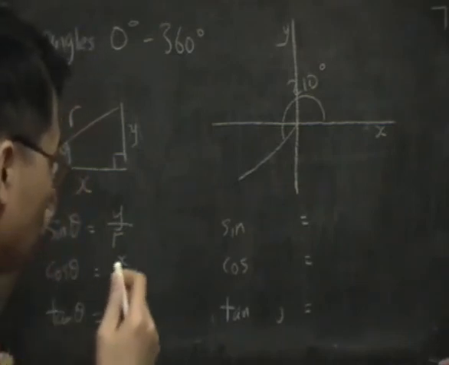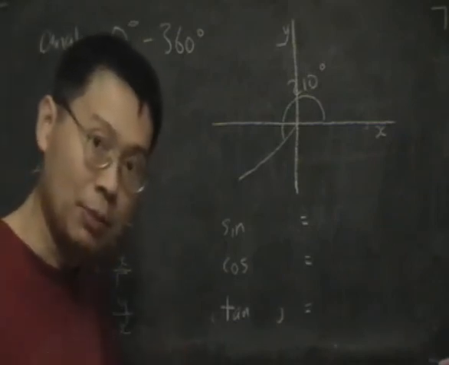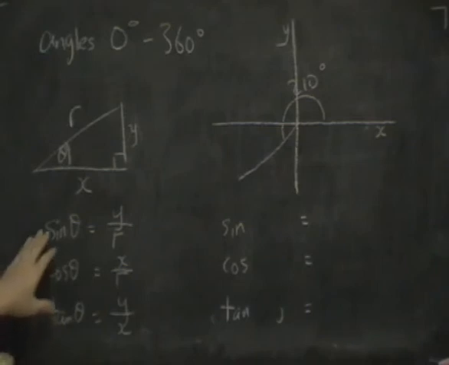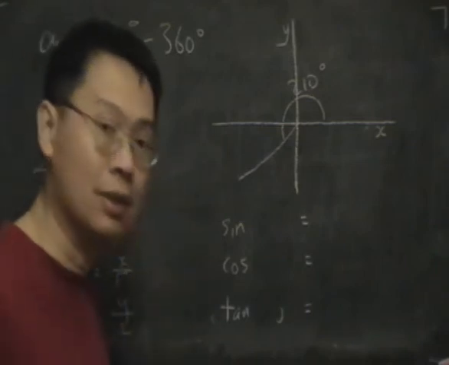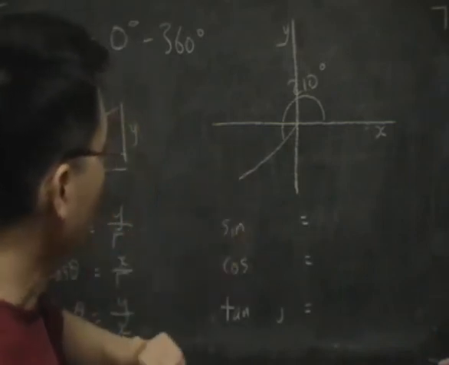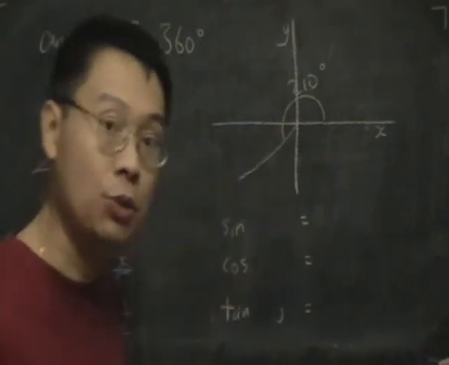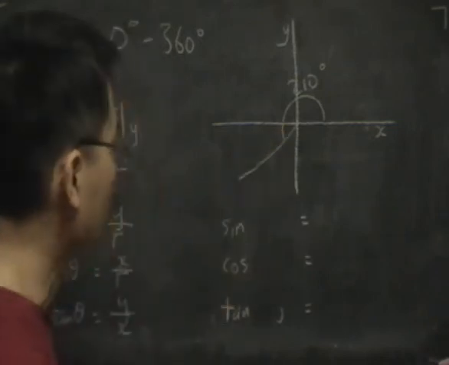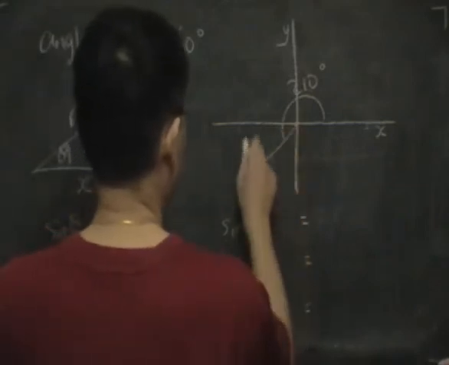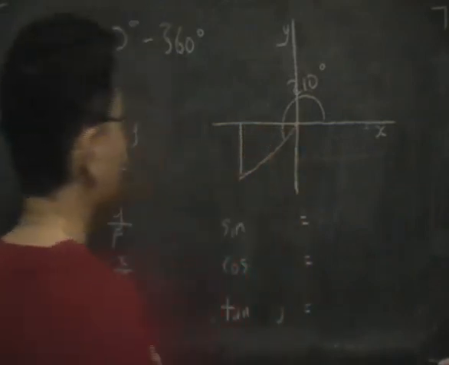So we need to extend the idea of sine and cosine by drawing a right angled triangle down here. We must always make use of the acute angle, because a right angled triangle can only have acute angles. So I would have to draw a right angled triangle there.